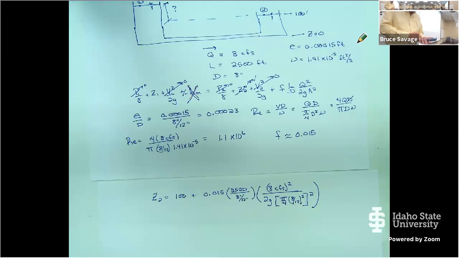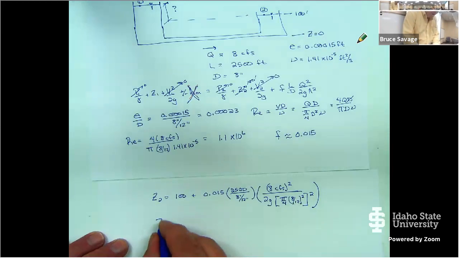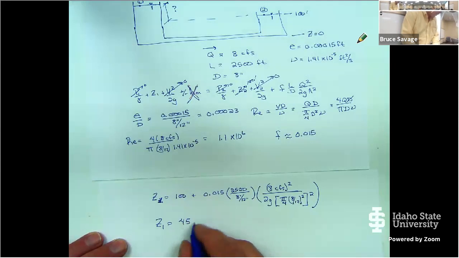Oh, it's a little better. Not much. Yeah, that's right. I'm getting the value of, oops, that's not Z sub 2, it should be Z sub 1. Z sub 1 is equal to 458.8 feet.